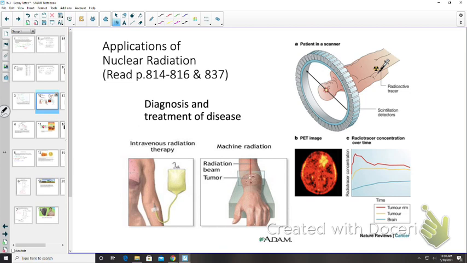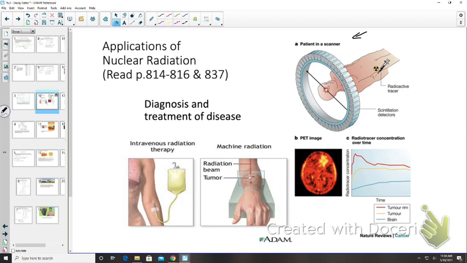Okay, so where do we want to start? Let's go at patient in a scanner. Okay, so how this is going to work, the patient will be injected with some form of a radioactive tracer.